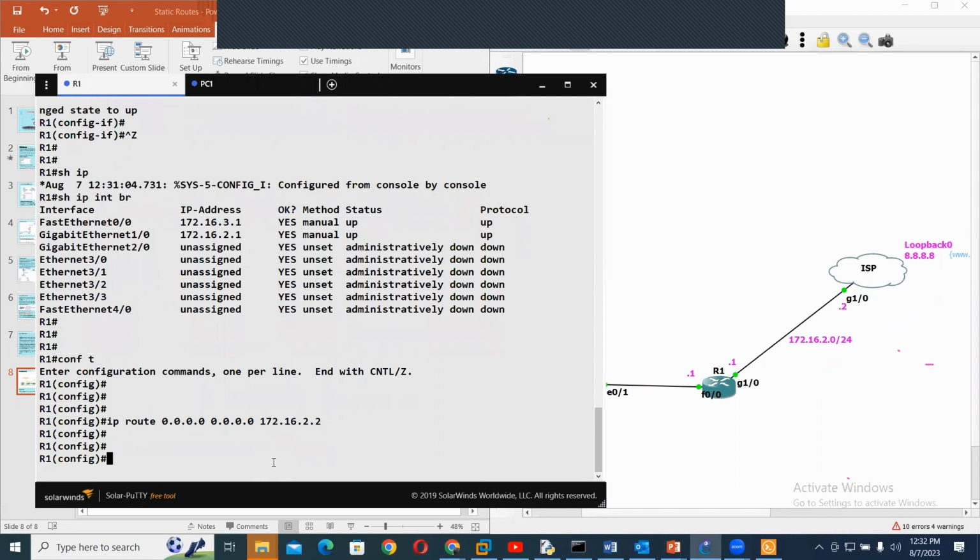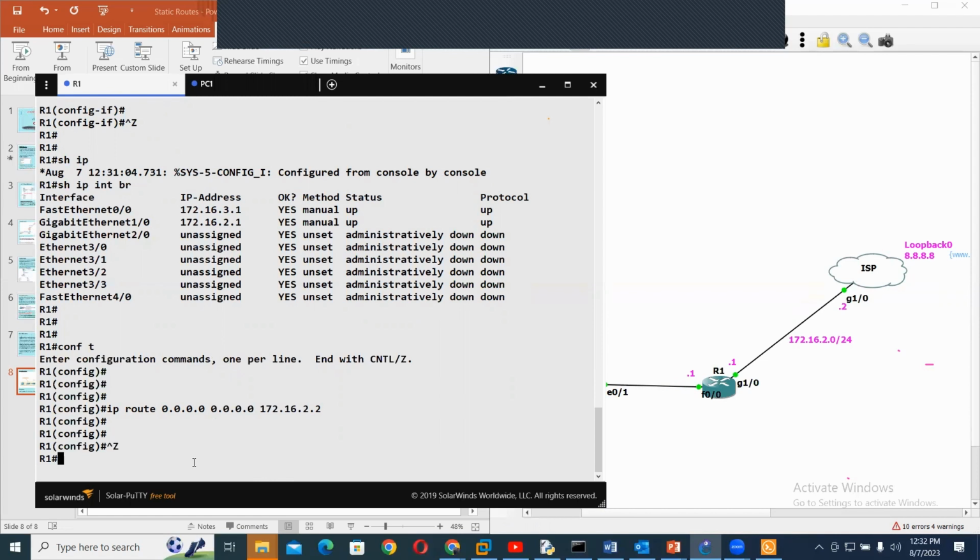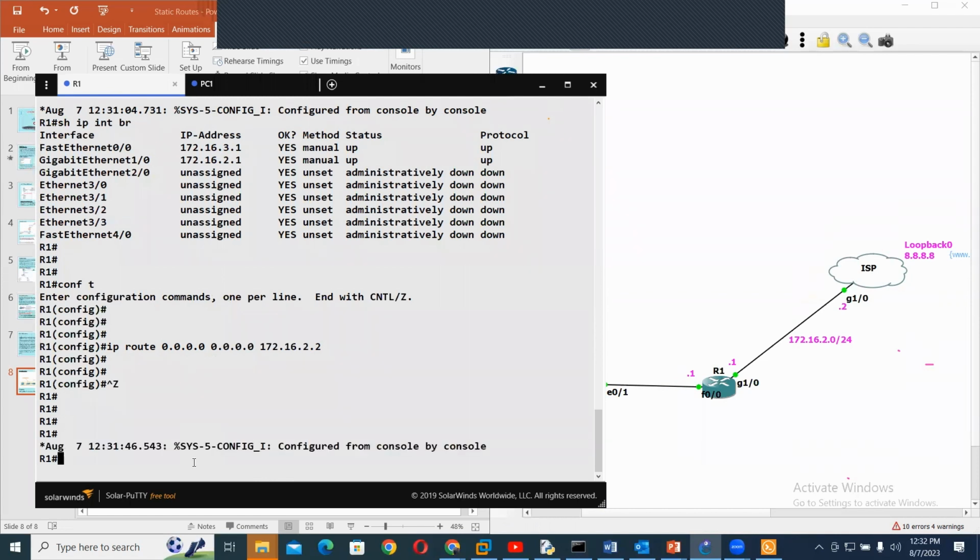Normally, in a real scenario, we don't configure anything in our service provider because everything has been sorted by the service provider. That's why here I've already configured the route on our service provider, so there's no need for me to configure anything. I've just directed our routes to the service provider, and that's it. So IP route 0.0.0.0, any network, any subnet mask should pass through the next hop.